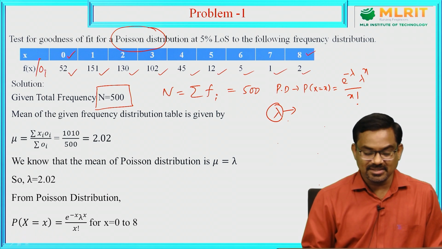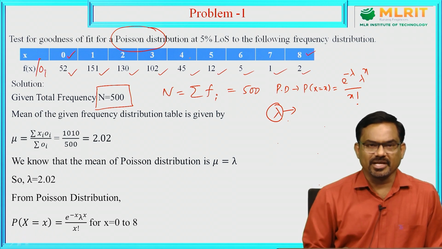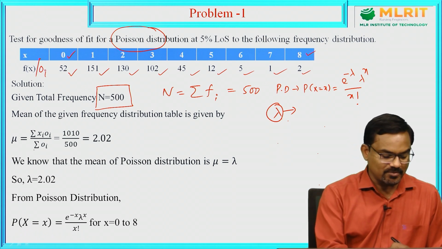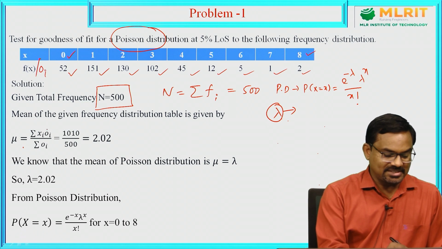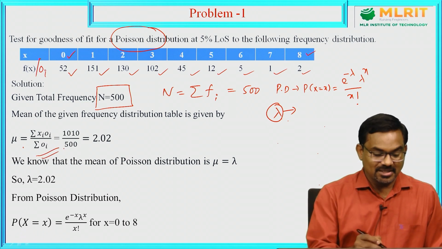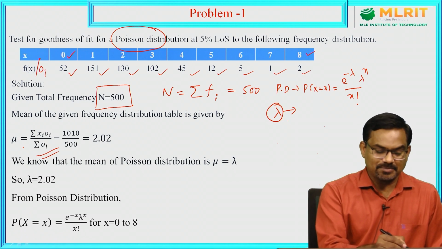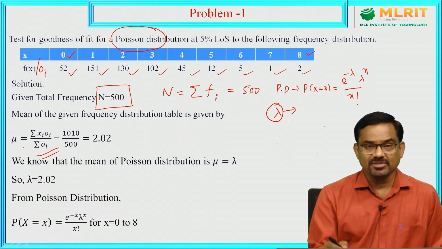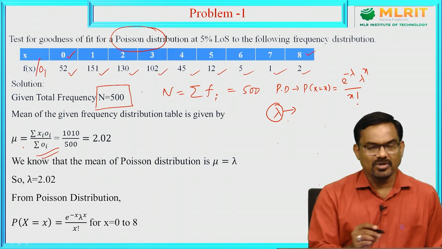Since the frequency distribution table is given, we can find the mean or average of the given table using the formula mu equal to sigma xi oi by sigma oi. That means we multiply the corresponding values of x and frequencies, add all such values, and divide by the total frequency.